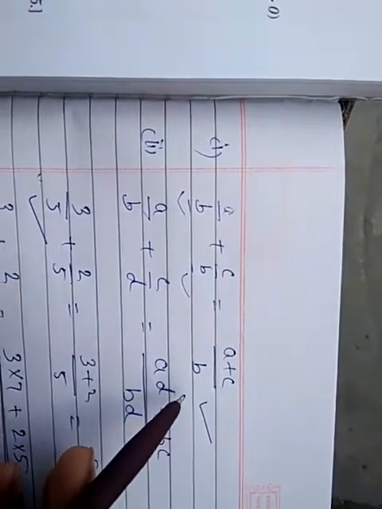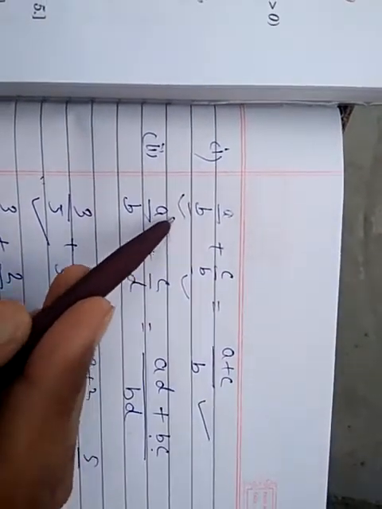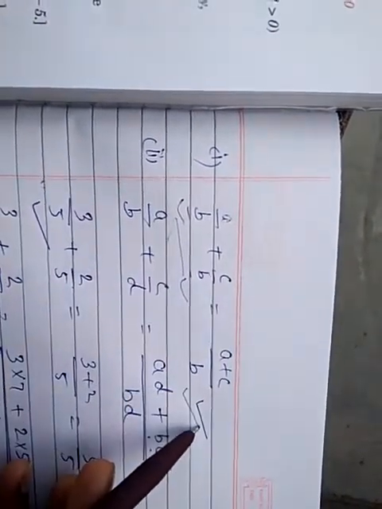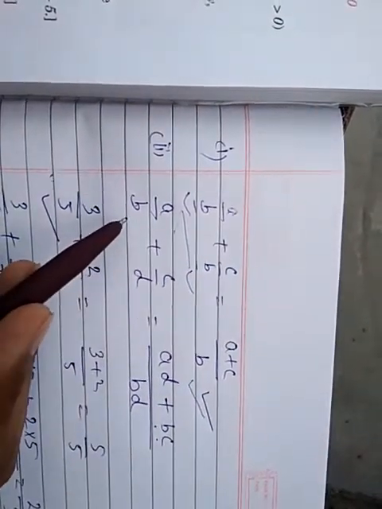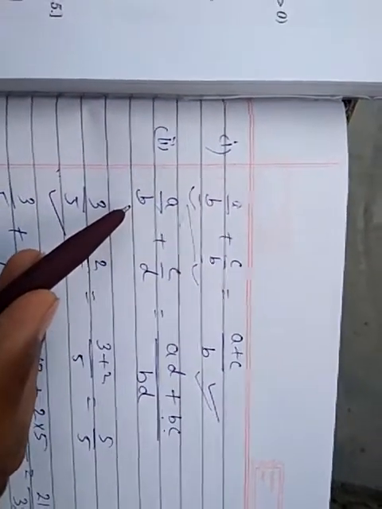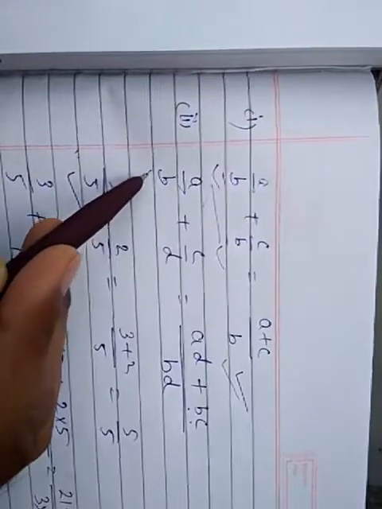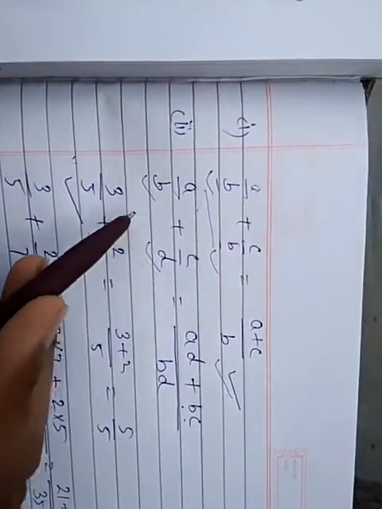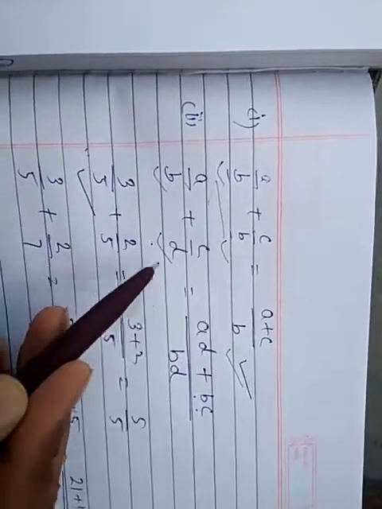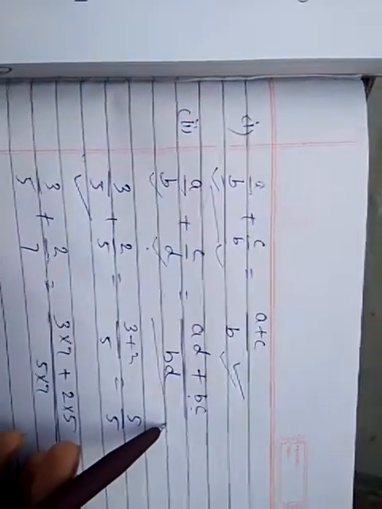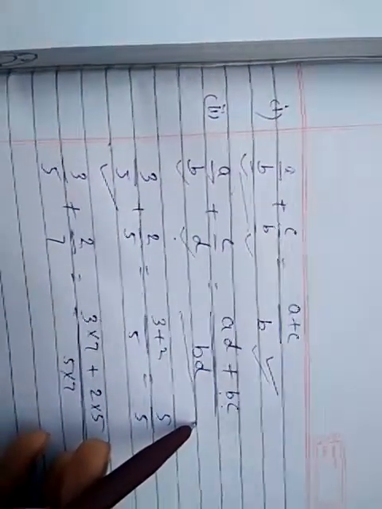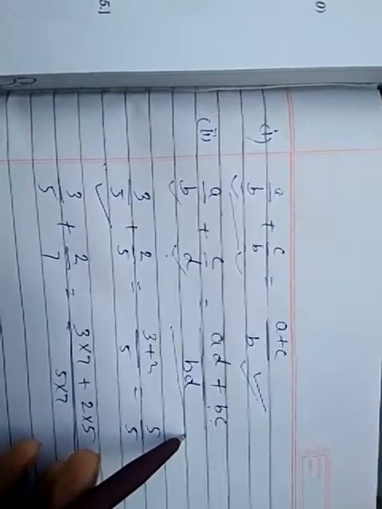Their sum is always a rational number. And suppose we have rational numbers with different denominators, a upon b and c upon d. Then the sum of these rational numbers will always be a rational number. This property is called the closure property.